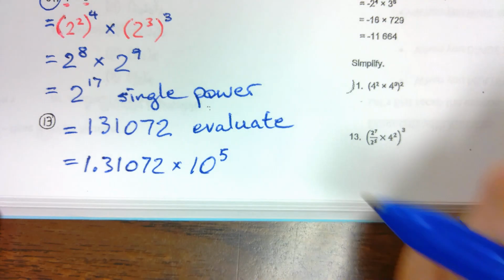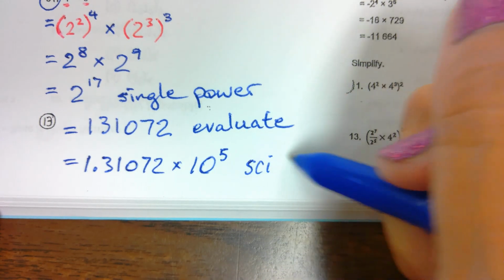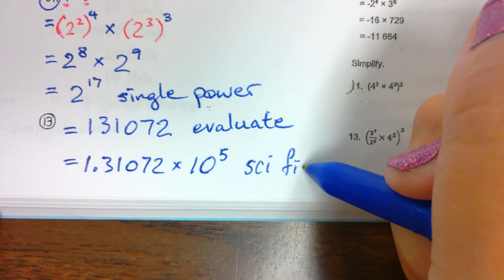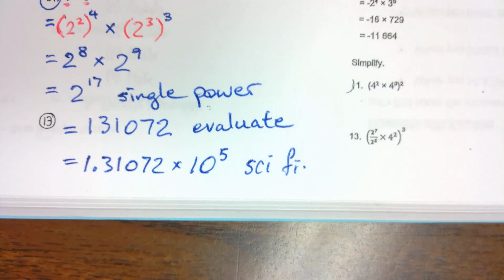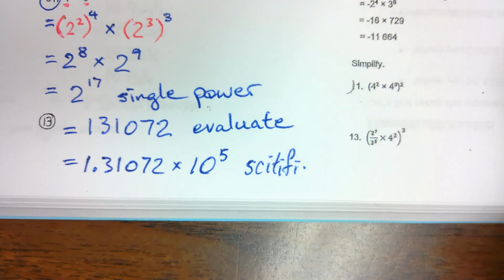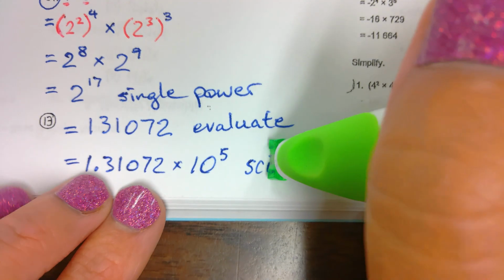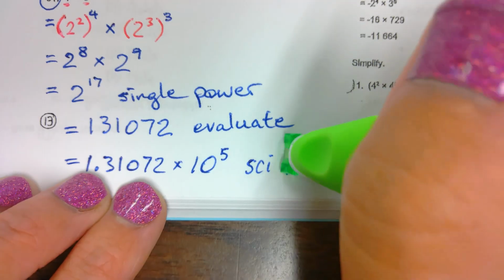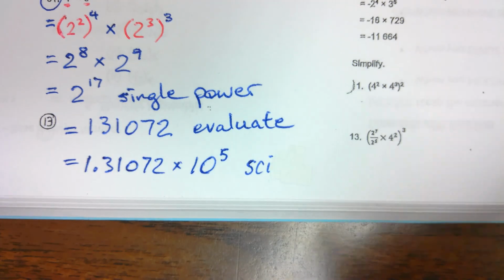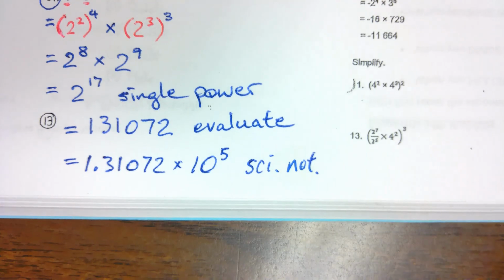Good. Everybody was telling you it's 5. Good. You guys counted correctly. And then I wanted to write short form. Here, I'll just write short form. Scientific notation.